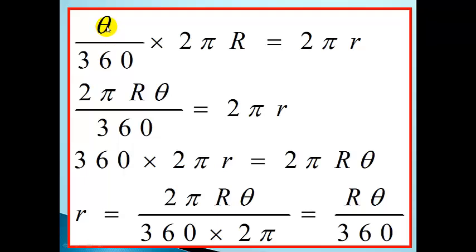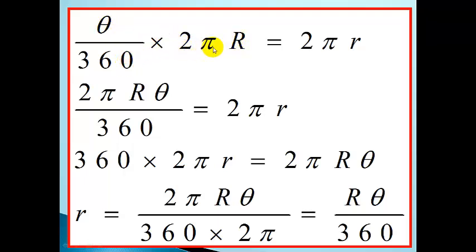It's theta divided by 360 times 2 pi r, where r is the radius of the circle from which the sector was formed. And this is equal to 2 pi r, where 2 pi r is the formula for finding the circumference of a circle. Now, we multiply theta by 2 pi r and we divide the results by 360.